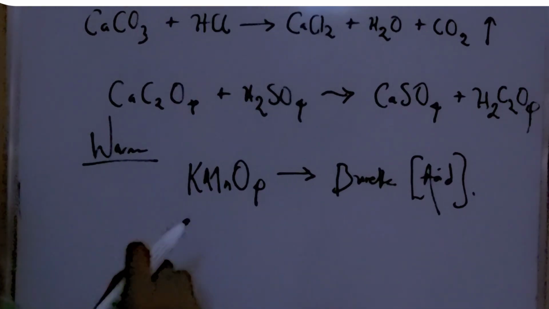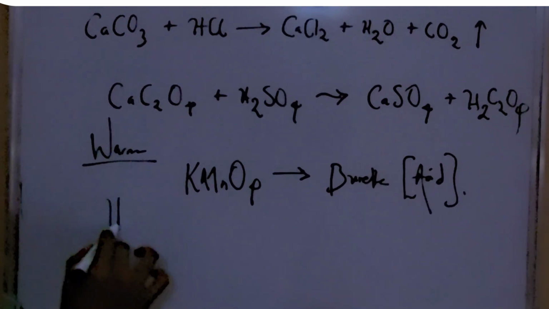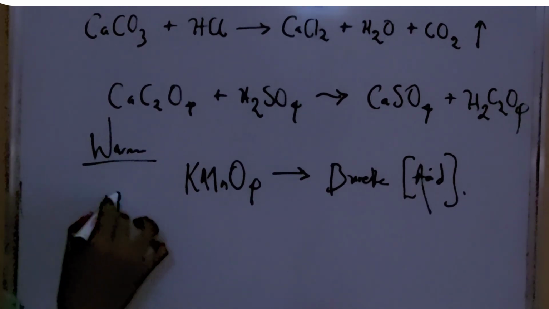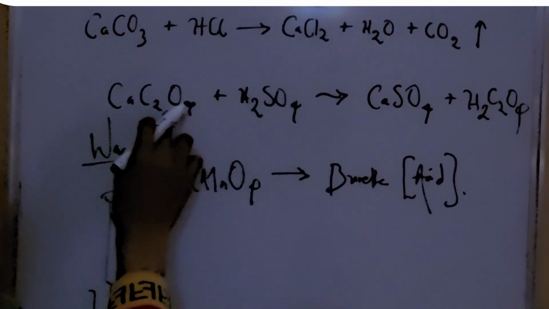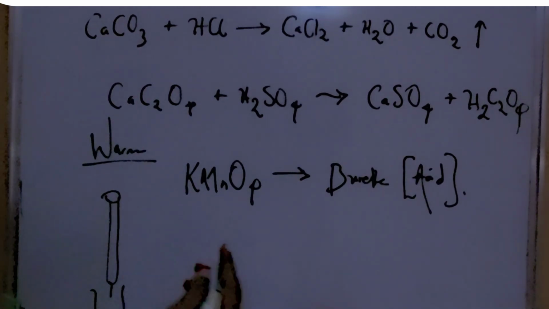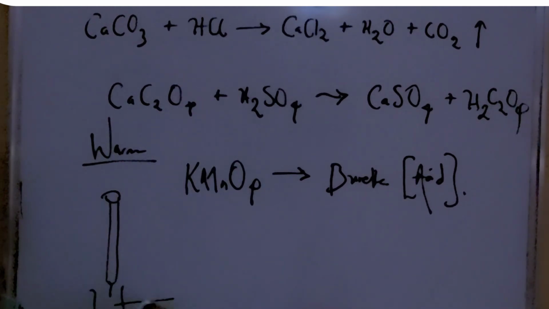So what we have here is, in the burette, potassium permanganate, then the acidified solution of the oxalate. We're going to pipette it. Based on the volume of pipette you're given, just pipette a given amount and introduce it into the conical flask, right?